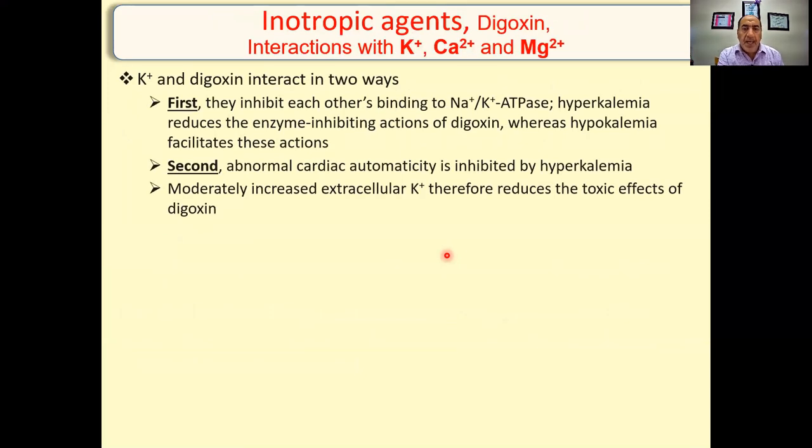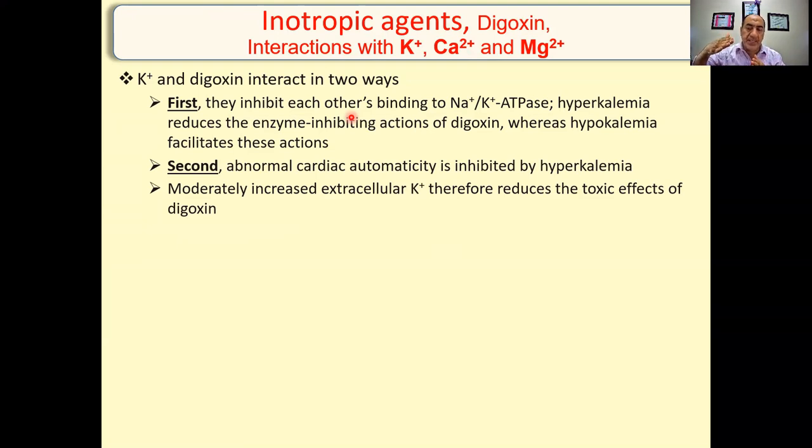Okay. The interaction with the electrolytes: potassium, calcium, and magnesium. For potassium, please remember the mechanism of action. The mechanism of action is inhibition of the sodium-potassium pump. Digitalis competes with potassium for the binding site on the sodium-potassium pump.